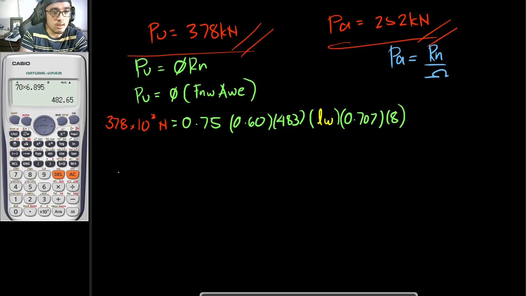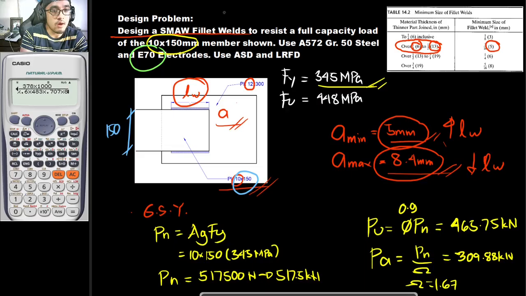So our Lw right now is equal to, look at the calculator to your left, 378 times 1000 divided by 0.75 times 0.6 times 483 times 0.707 times 8. By the way, we forgot something. Take note, guys, that we have our weld here and we also have our weld here.